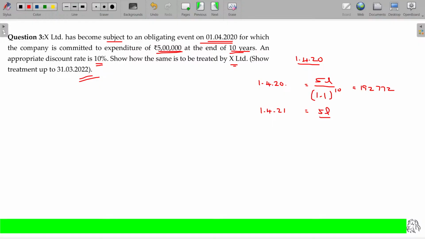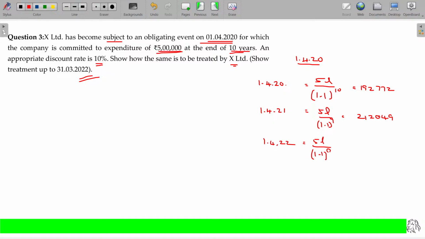The same 5 lakhs supposed to be payable, but you still have how many years? Only 9 years. So you have to take the present value for the 9 years. And this value being 2,12,049.